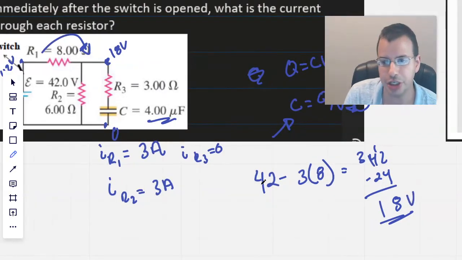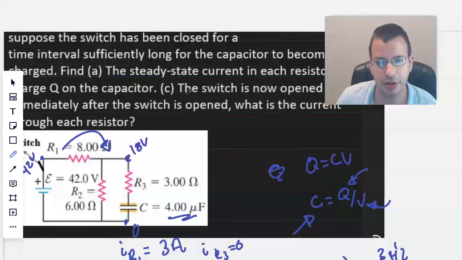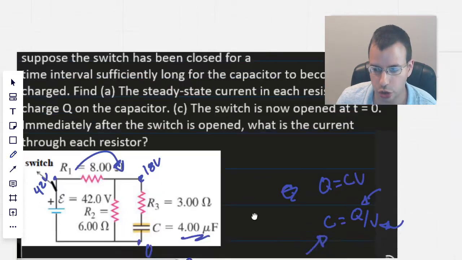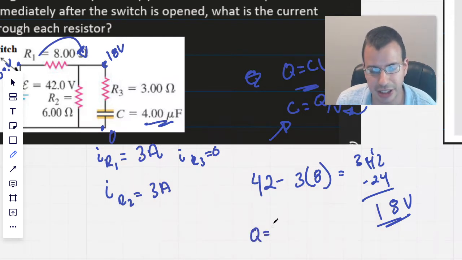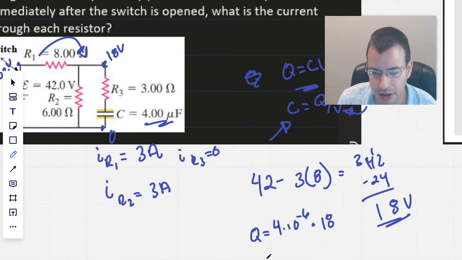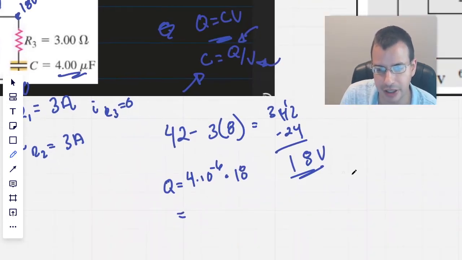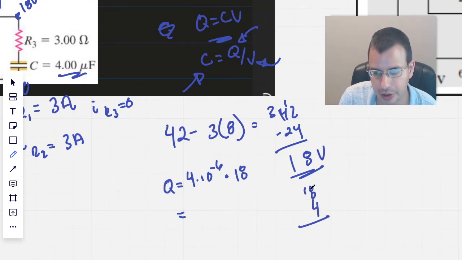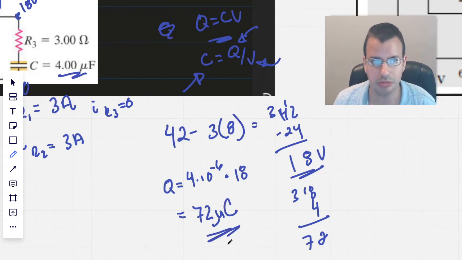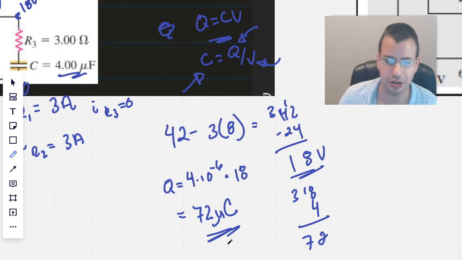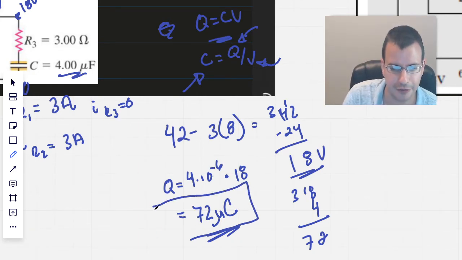Then the charge. I know the C and the Q get confusing. The charge Q. So Q equals CV, that's what we'll use. Q equals C, which is 4 times 10 to the negative 6, times 18. 18 times 4, I'm going to have to do this one out. 4 times 8 is 32, and 4 times 1 is 4, so we have 72. 72 microcoulombs. Coulomb is a unit of charge.